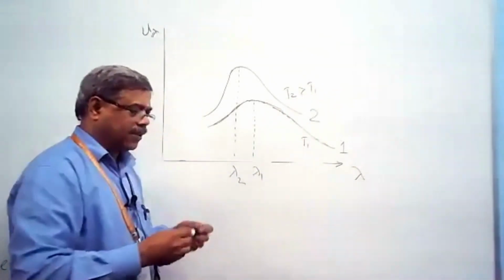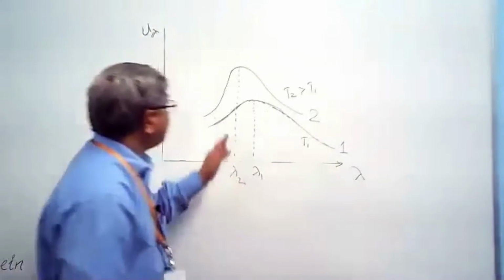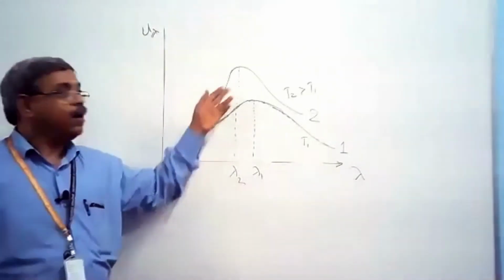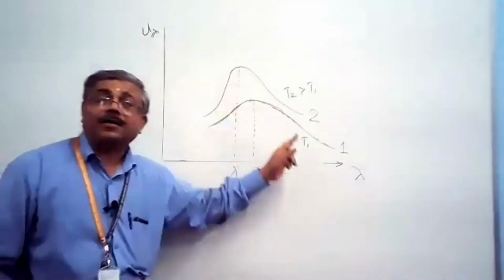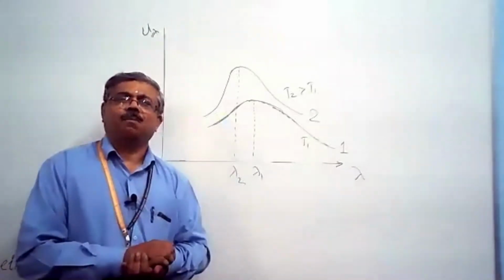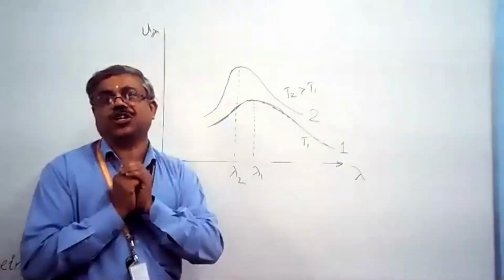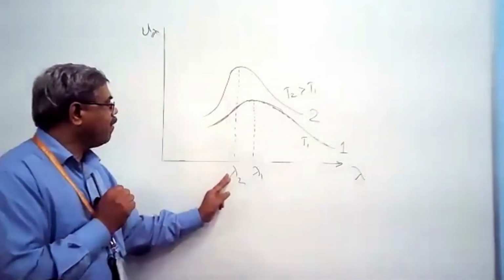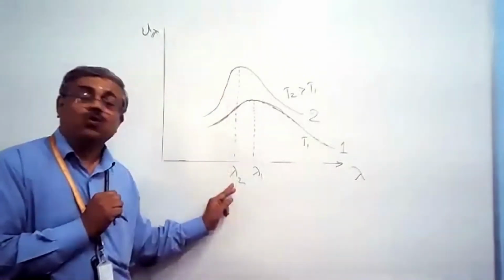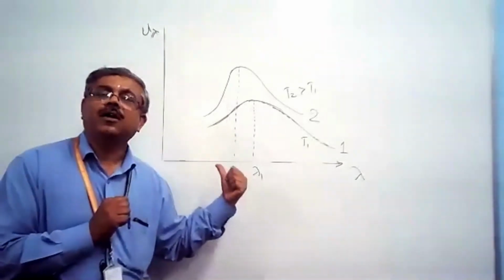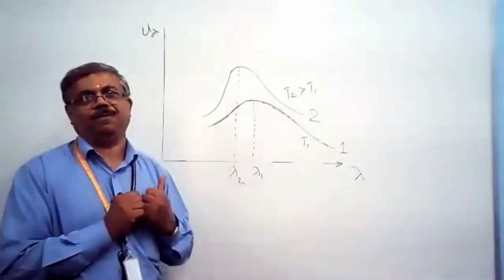What is so interesting about this? When the temperature is more, the curve pattern changes. More interestingly, the most probable wavelength changes. So the most probable wavelength now becomes lambda 2, which moves closer to the shorter wavelength.